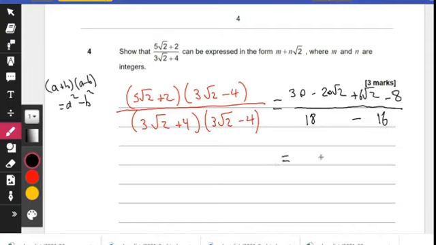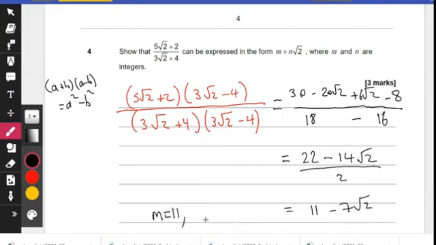So then the top becomes 30 minus 8 is 22. Then you have minus 20 root 2 plus 6 root 2 is minus 14 root 2. And that's all divided by 2, which simplifies to 11 minus 7 root 2. So we have m equals 11, and n equals minus 7.